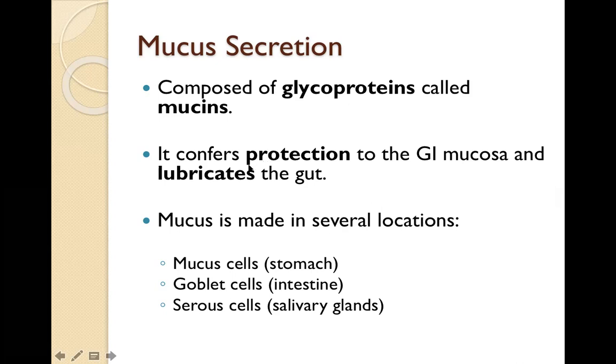It confers protection to the GI tract. So in the stomach, the acid can't digest or damage the cells of the stomach because there's a layer of mucus. In the small intestine, it again adds a little layer of protection. It also helps lubricate the gut so that foodstuff can actually be transported across it with relative ease.